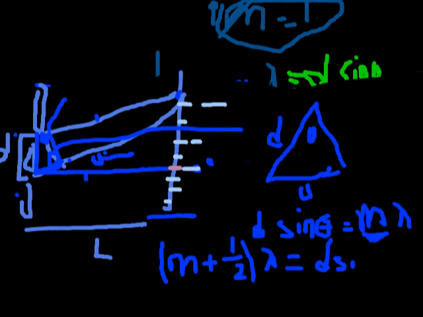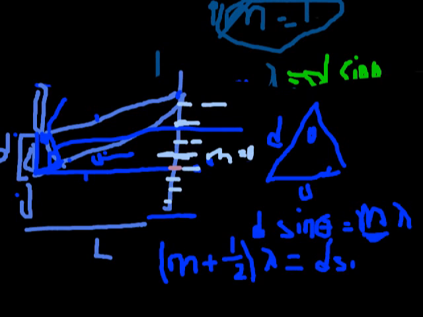But if you have a dark spot, this is the first dark spot. So since the bright band starts from 0 and the dark spot starts from 1, when they say the second order dark spot, m is actually equal to 1. At this point m equals 0, and this is the first order dark spot; m equals 1, and this is the second order dark spot.